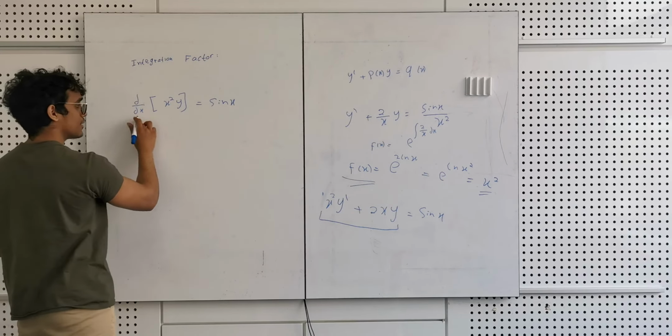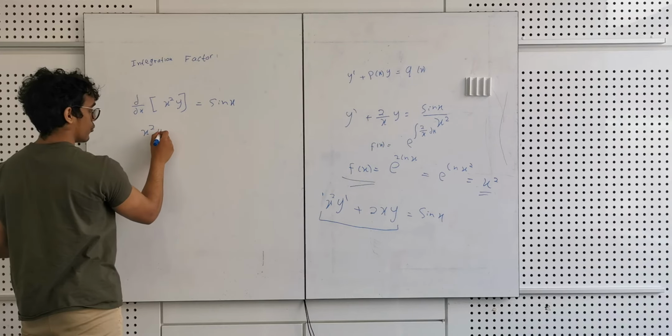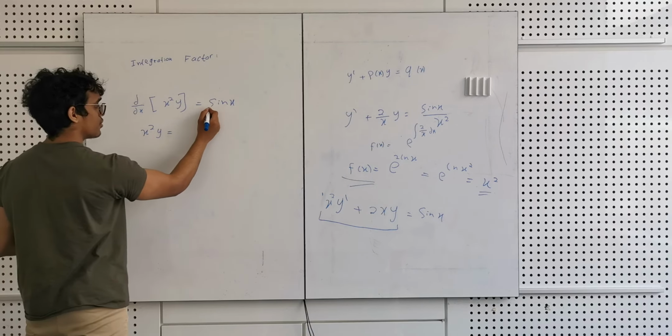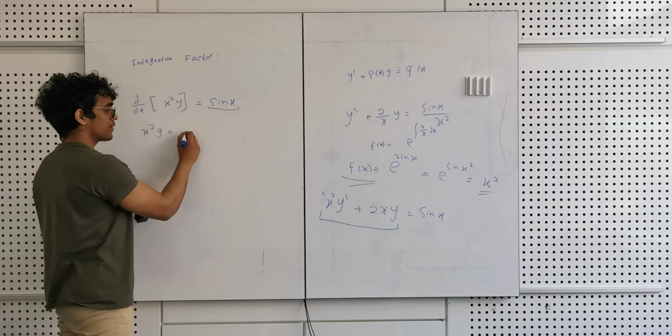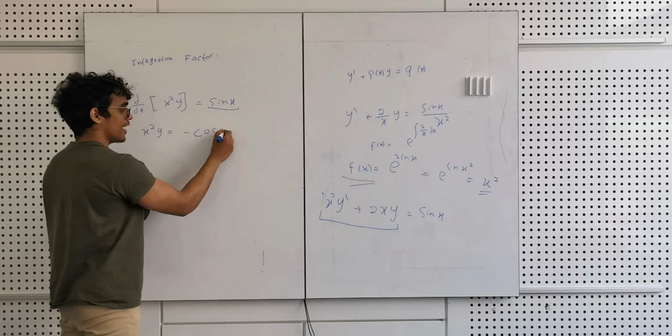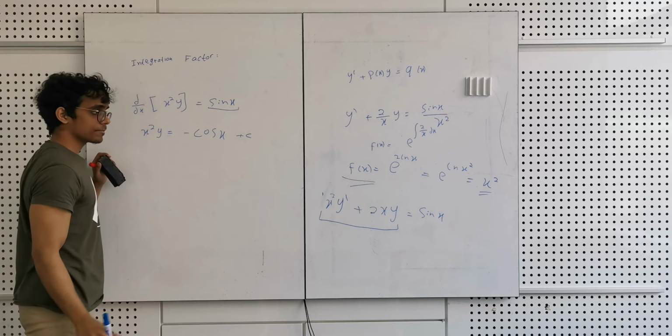So by integrating both sides, we get x squared times y equal to, and the integral of sine of x is negative cosine of x plus c.